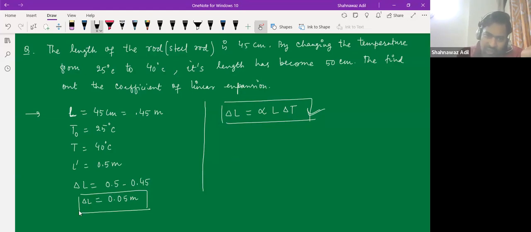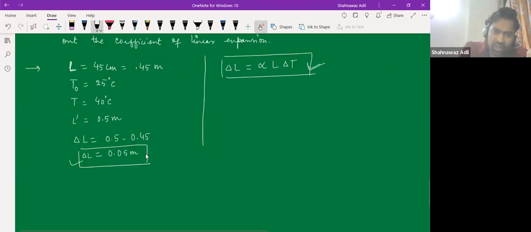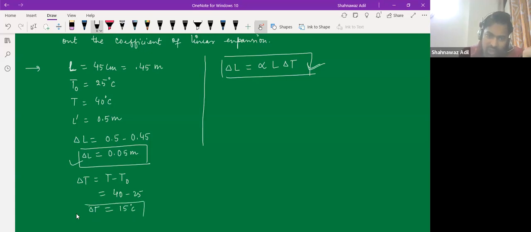Delta T would be the change in temperature, T minus T naught. So this is 40 minus 25, which is 15 degrees, right? So we have delta T, we have delta L, and then we have this L also.